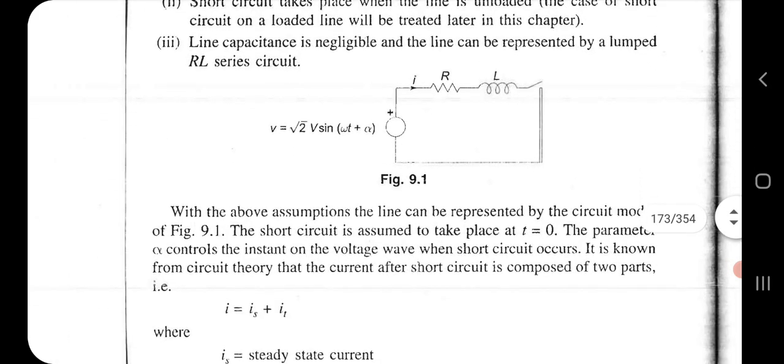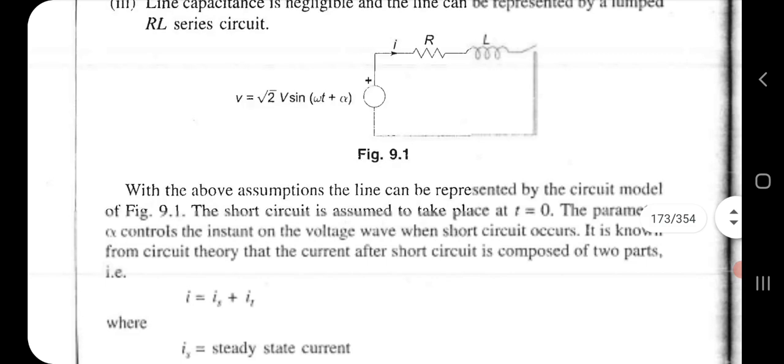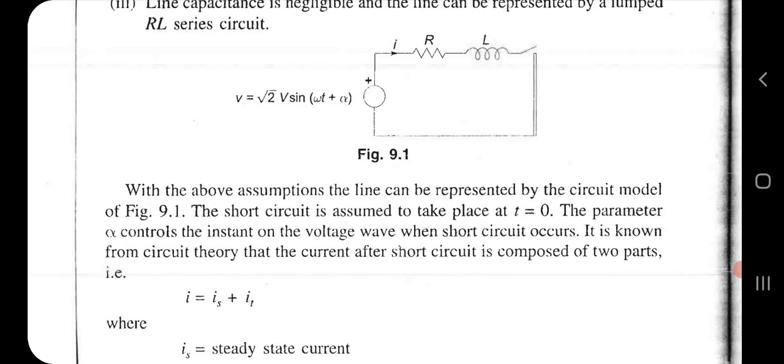In the above assumption, the line represents the condition when a short circuit occurs. If any short circuit occurs, there are a lot of changes. Voltage will change, and the current amplitude will increase to a large value within a very short time during the short circuit.